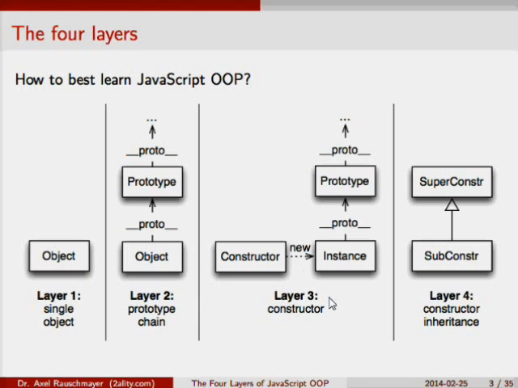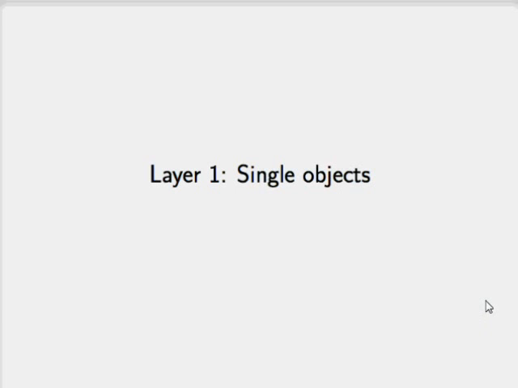The third layer is constructors, which are factories for instances. They set up objects. And the fourth layer is an advanced topic about how you can derive a subconstructor from a superconstructor. Let's get started with layer 1, single objects.